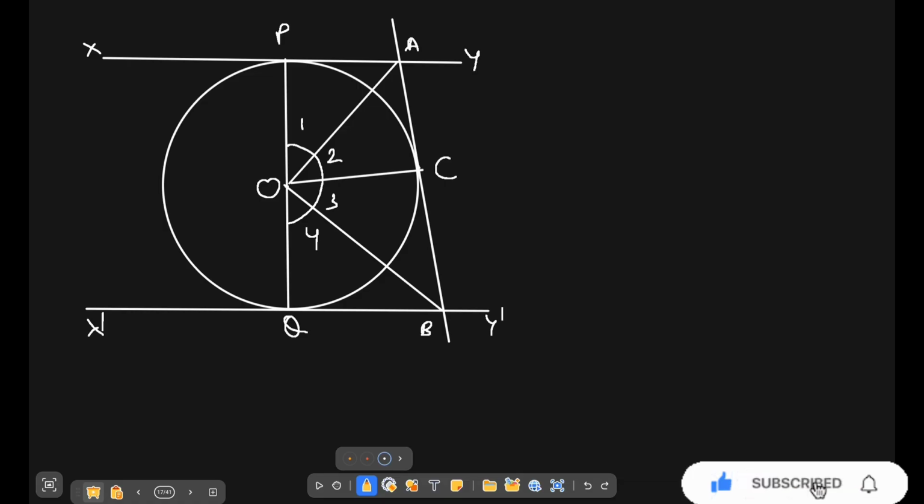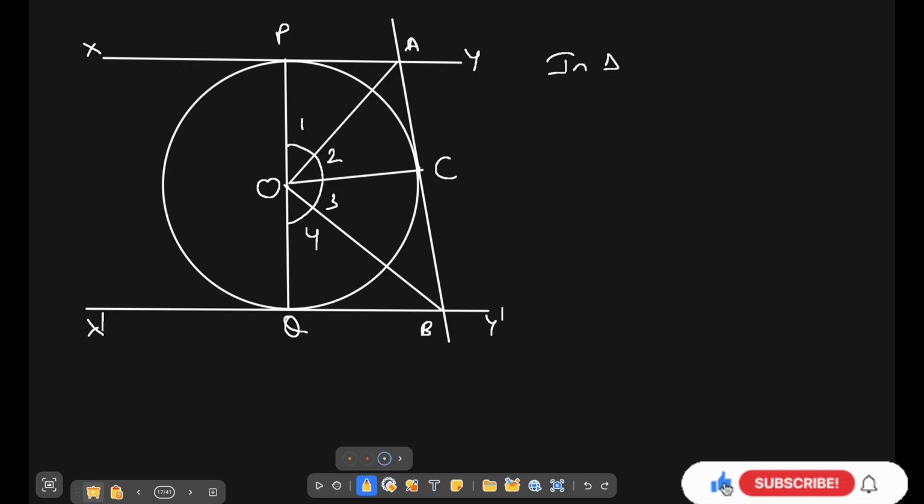Now let us take the triangle AOP and AOC. AOP is one triangle and AOC is another triangle. Let's compare them.